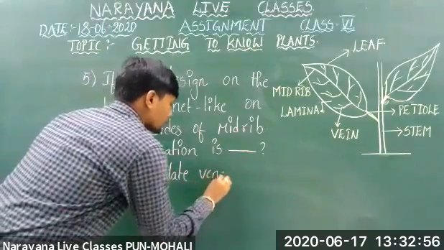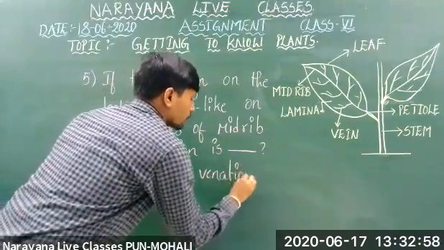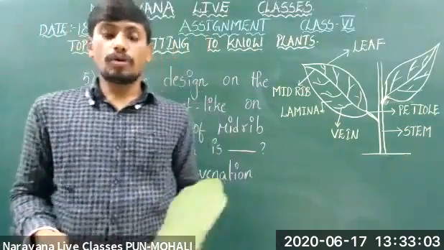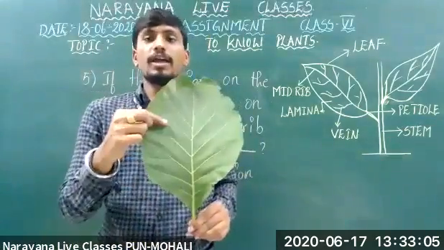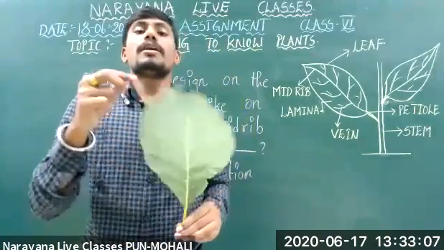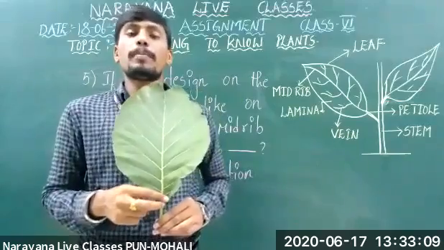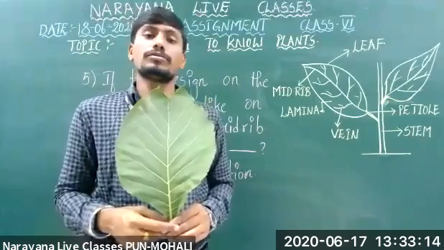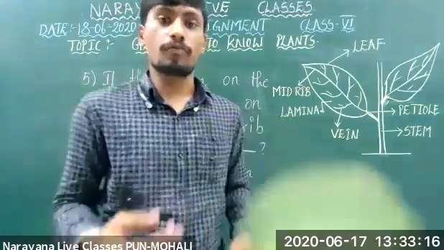Based on the leaf, so many plants we have, no? So many plants we used to see. Based on the leaf type, the venation changes, based on the plant nature and leaf structure, according to their morphology.